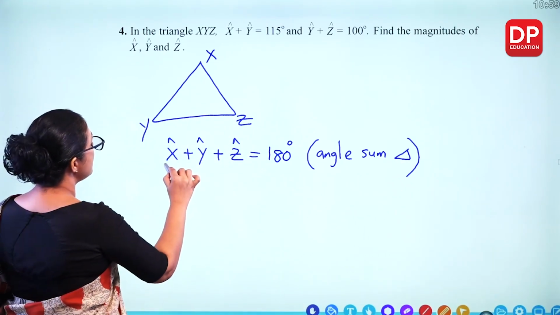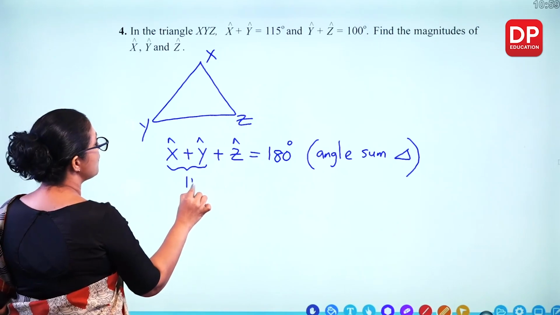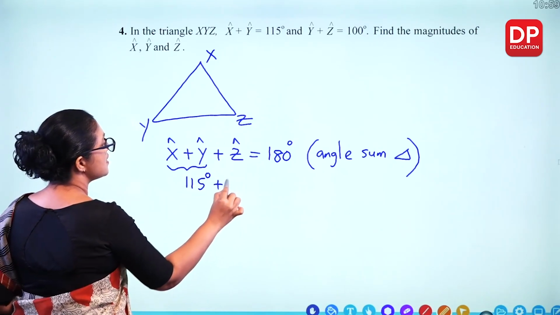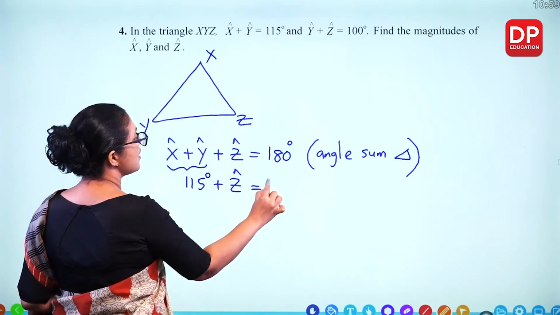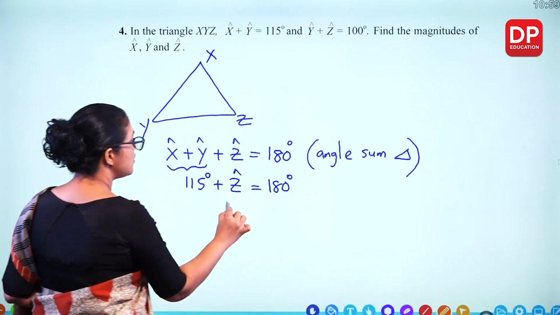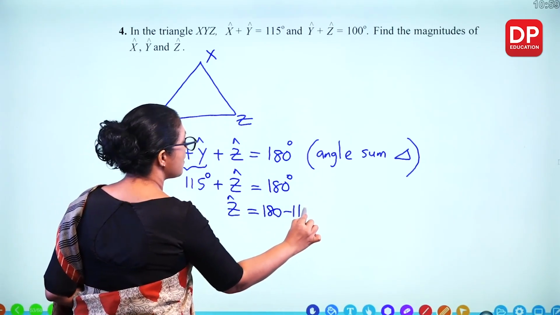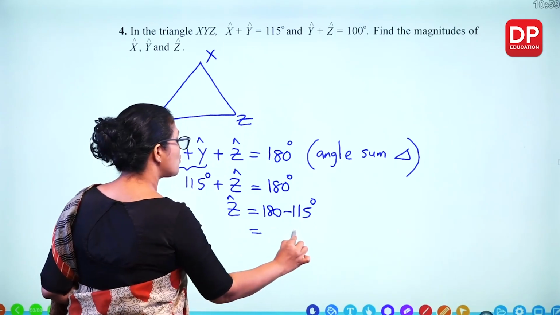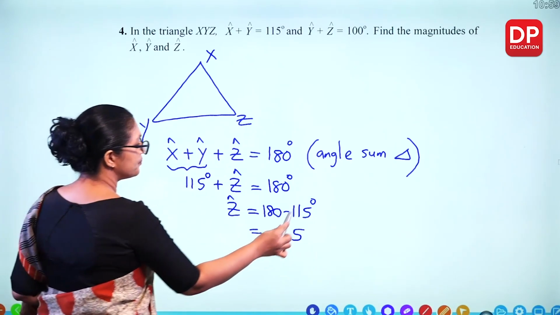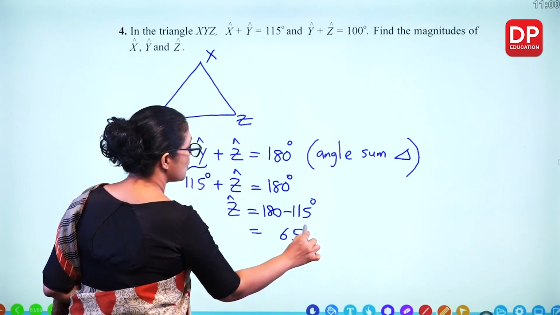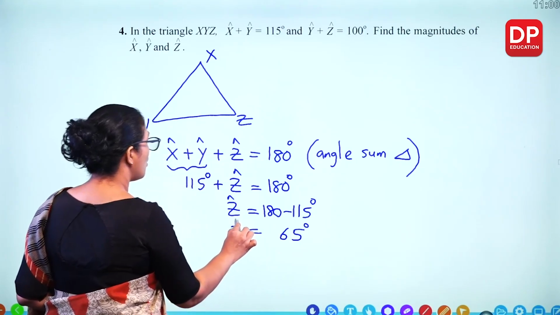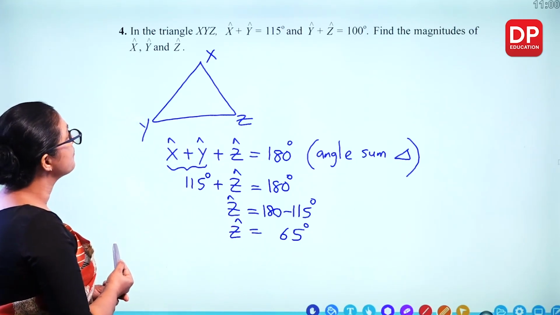X plus y, these two, 115. So what's z? You can use that and find out z. Z is 180 minus 115. So when you subtract, you get 65 for z value.